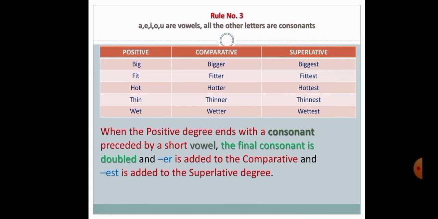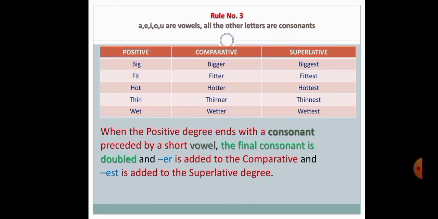For example, we have added one more G and then er for making it comparative, bigger. For making it superlative, we have added one more G, then est. Okay, so this is rule number 3.